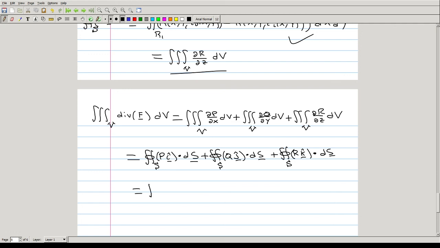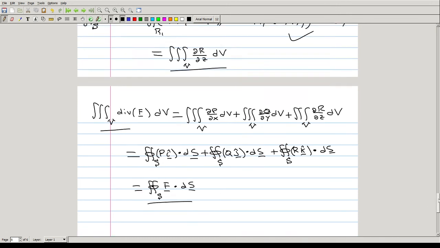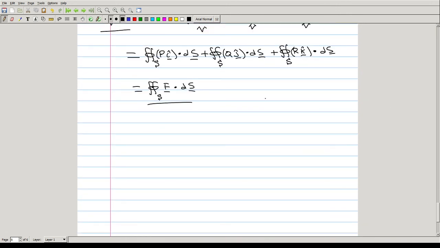Which is just equal to the surface integral of the full vector field F over our closed surface S. So this concludes the proof for step 1.